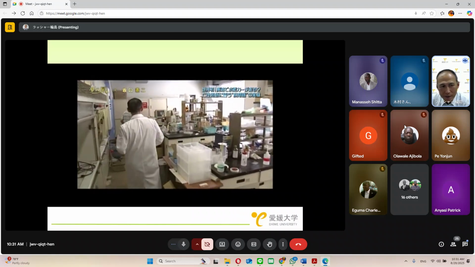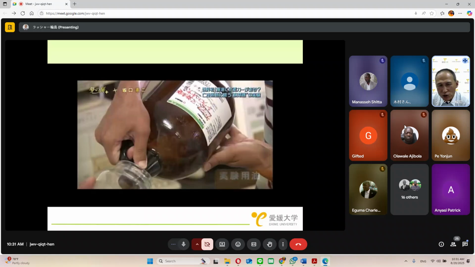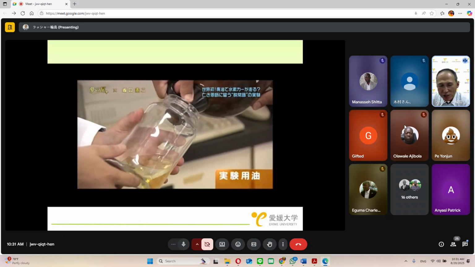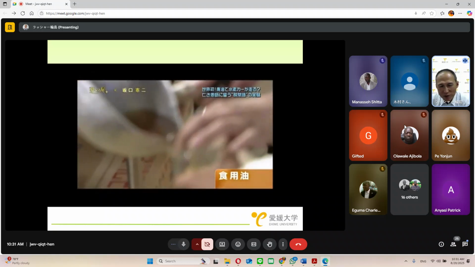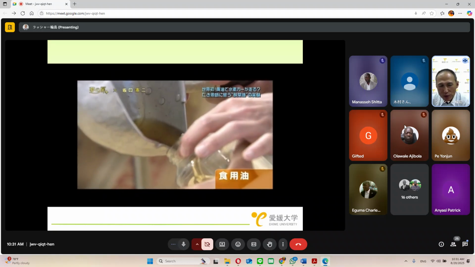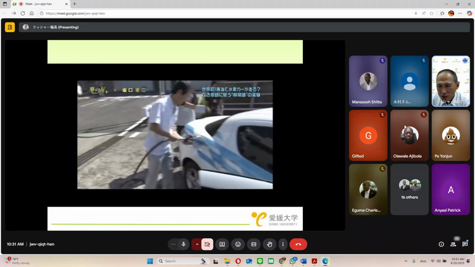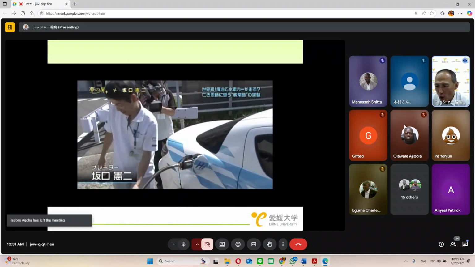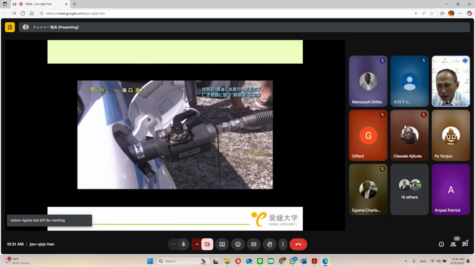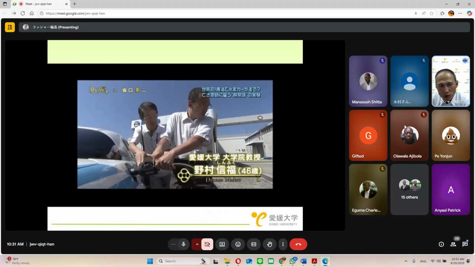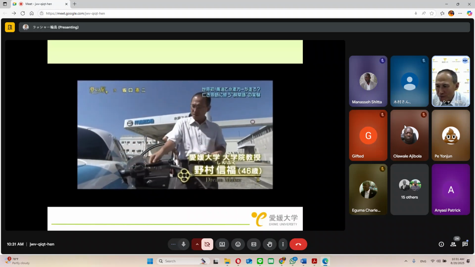And sometimes gas station, or sometimes is a chemical reaction lab, and sometimes is a food shop. We decompose the oil with plasma reactor. And we try to run a hydrogen vehicle.